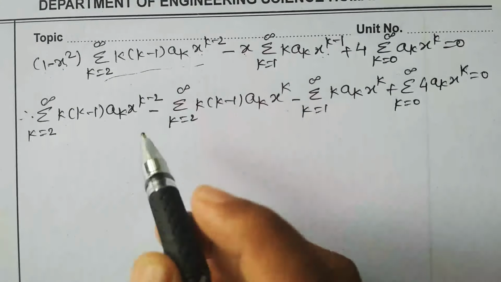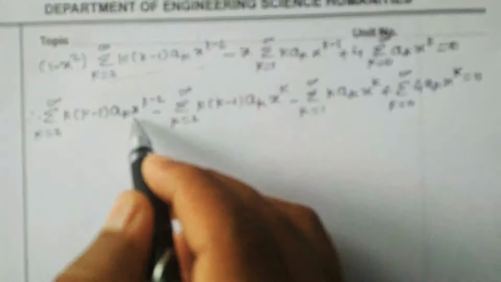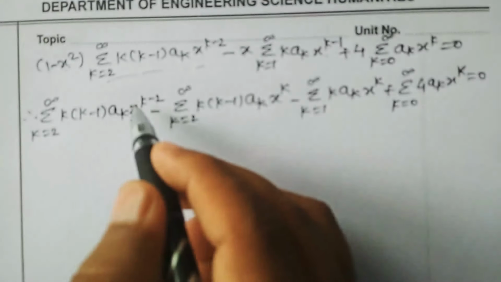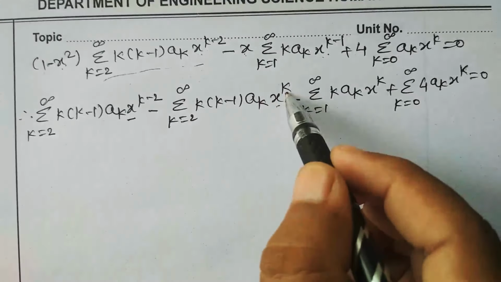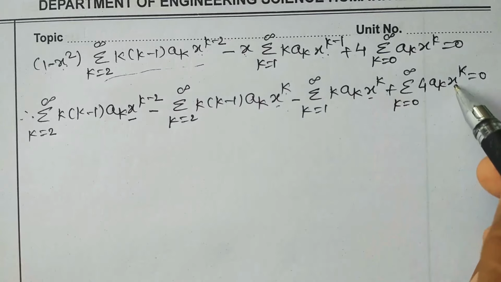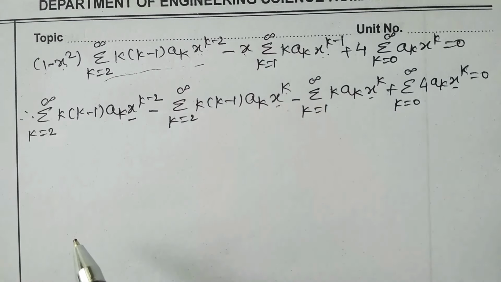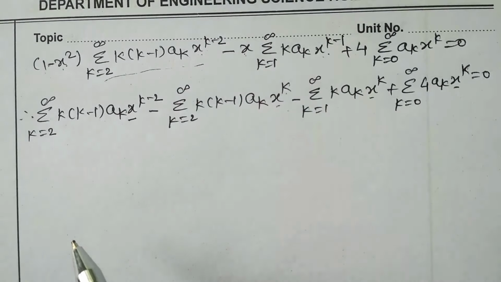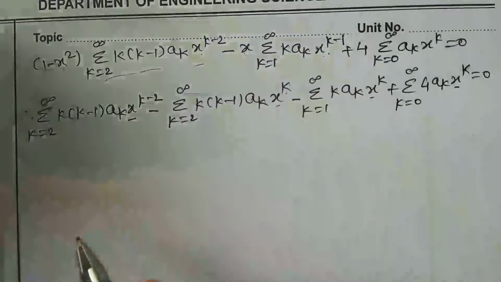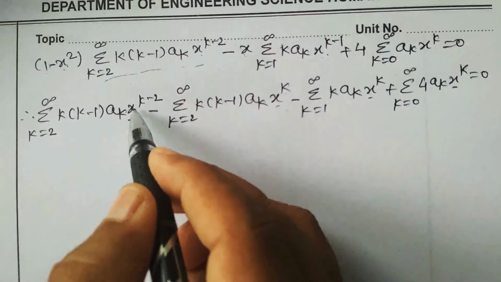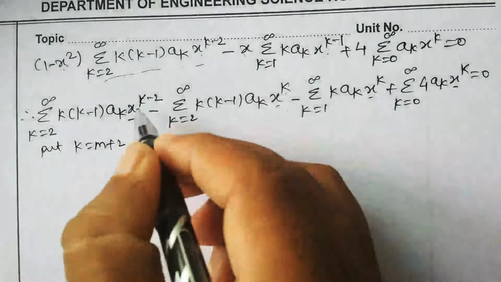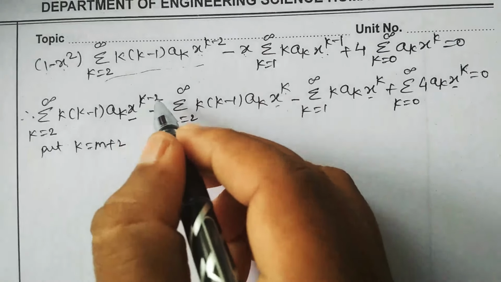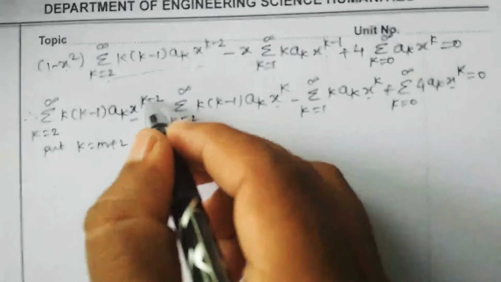Now after simplifying we will get the different terms. If you see here, the term of x having power k minus 2, here the power of x is k, here is also power of x is k, and here is also power of x is k. So you have to make the power of x same. So for that we just put here value of k is m plus 2, so that m plus 2 minus 2 get cancelled, you will get power of x is m.